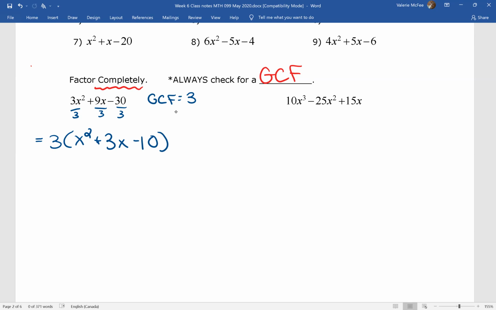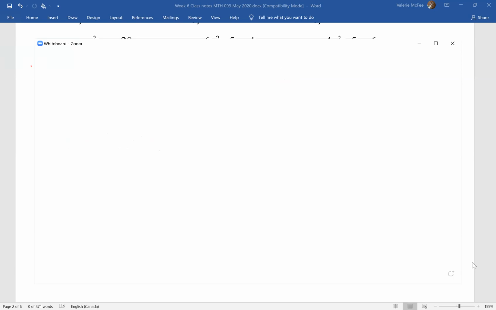Actually, let's see if I can do that a little bit on scrap paper.